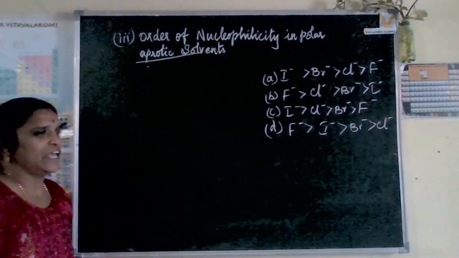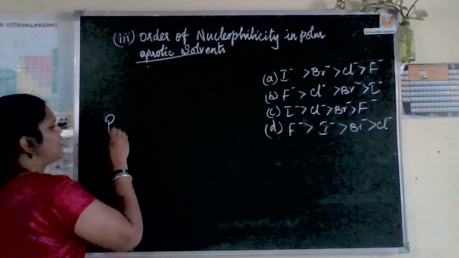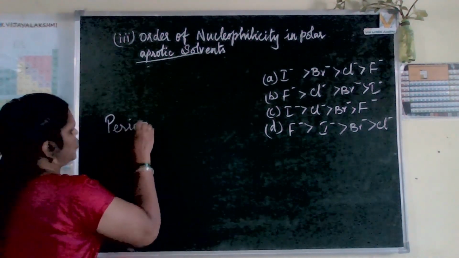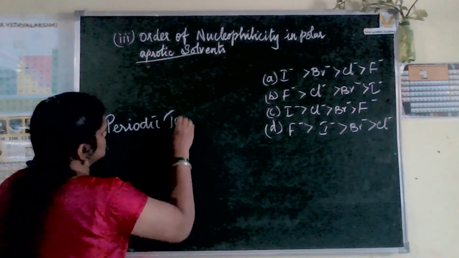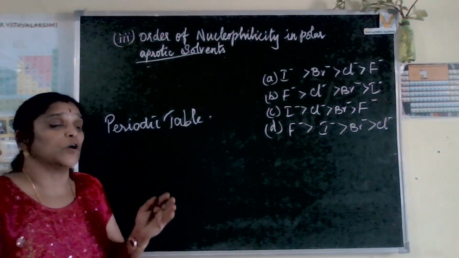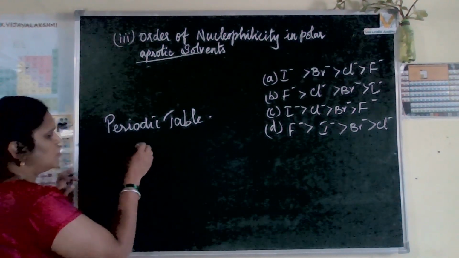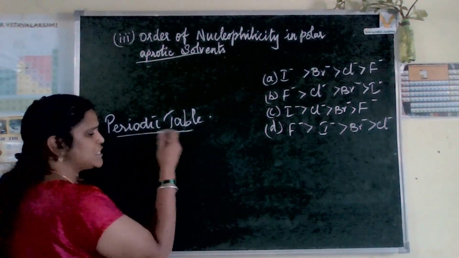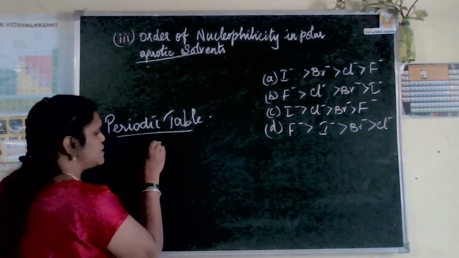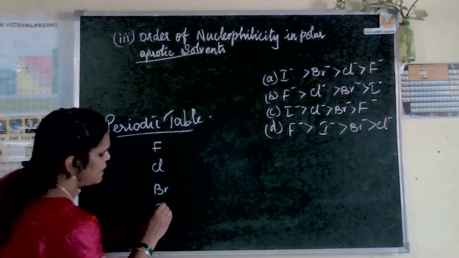Generally the nucleophilicity order, as in the periodic table, is that when coming down the group, nucleophilicity increases. Here they mention the halogens only: fluorine, chlorine, bromine and iodine.